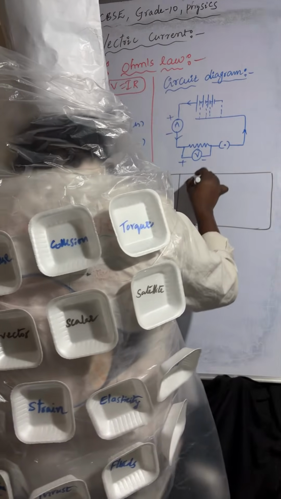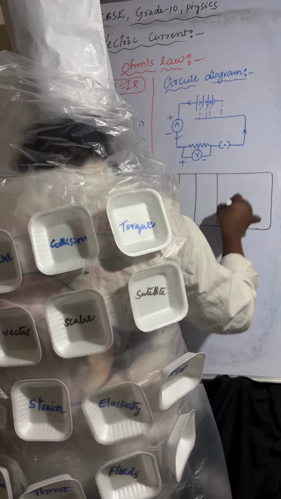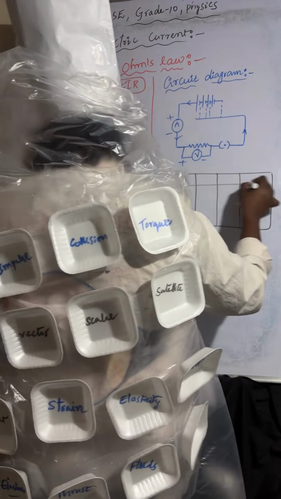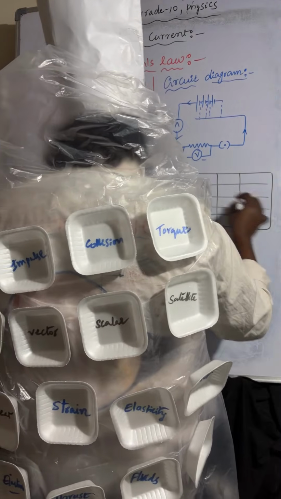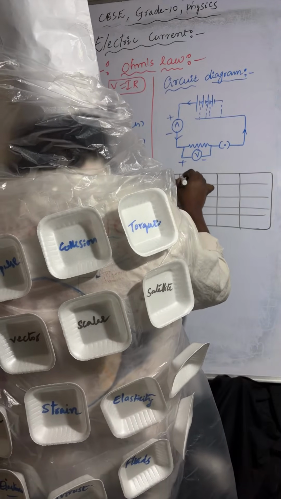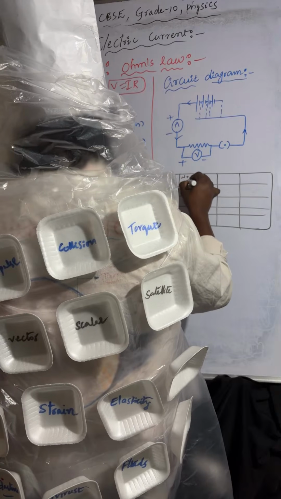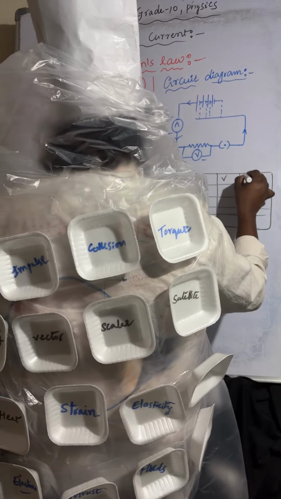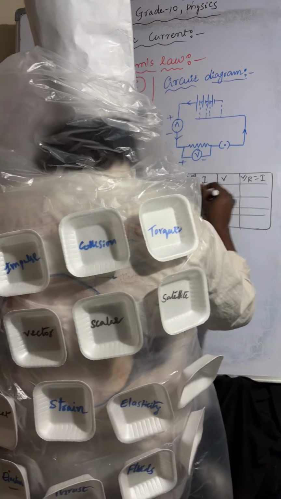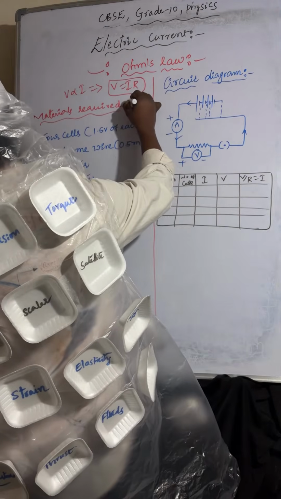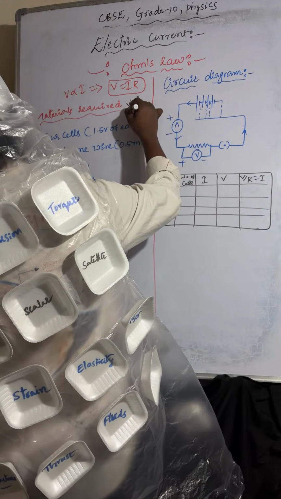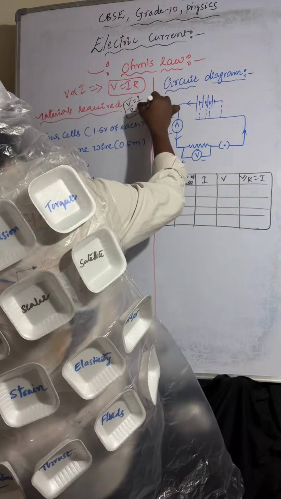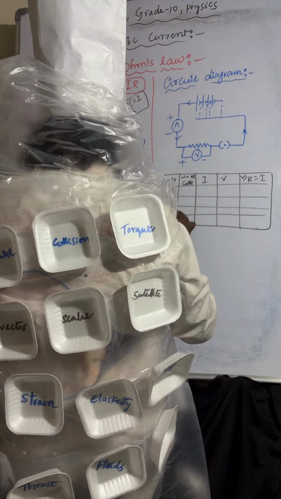Understood? The columns are serial number of cells, ammeter reading, voltmeter reading, and V by R. Since V equals IR, I equals V by R. Here we have 1, 2, 3, 4.